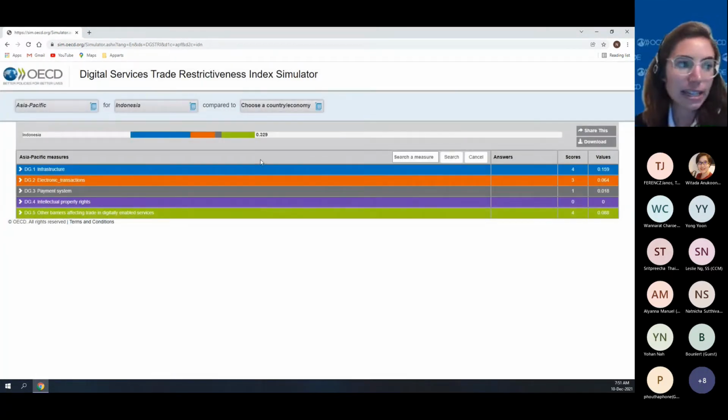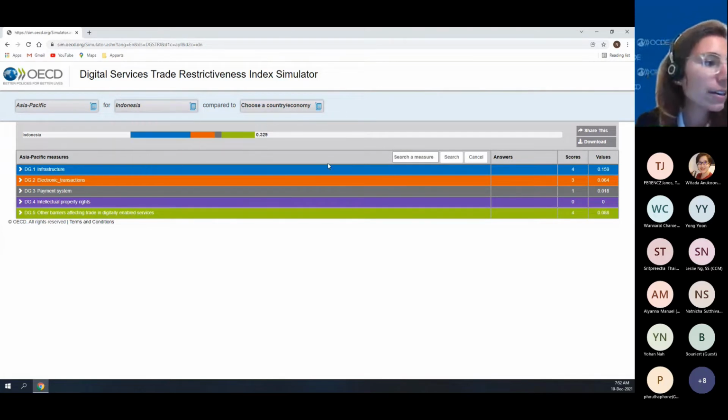Indonesia has a 0.3 score in the index. As we were seeing before, Cambodia had a 0.4. So this means that Indonesia presents a regulatory environment that is more open than that of Cambodia, for example, regarding the trade in digitally enabled services.